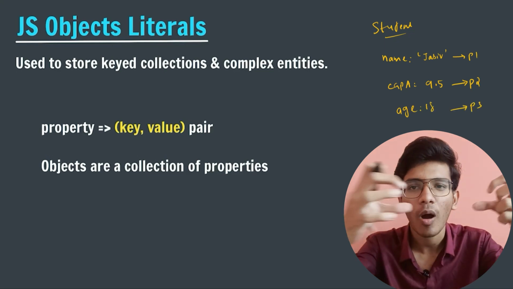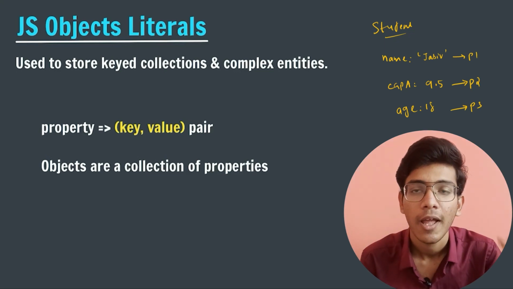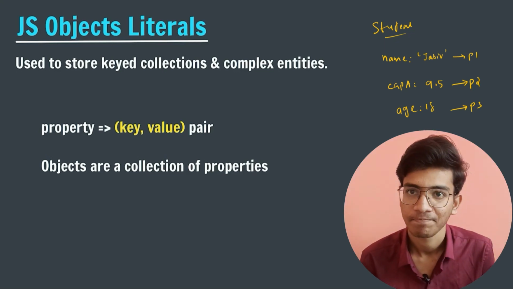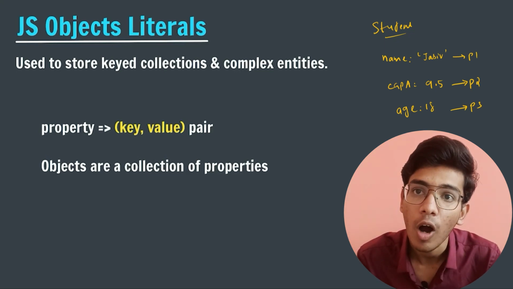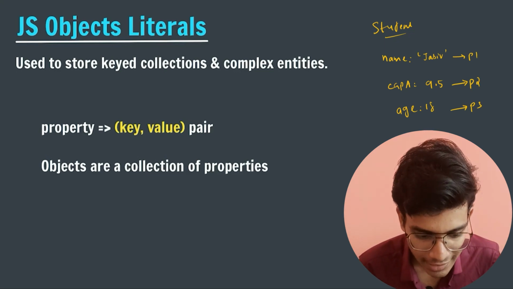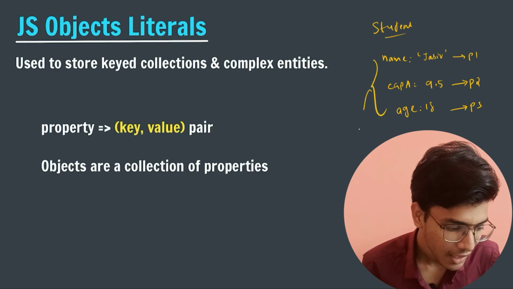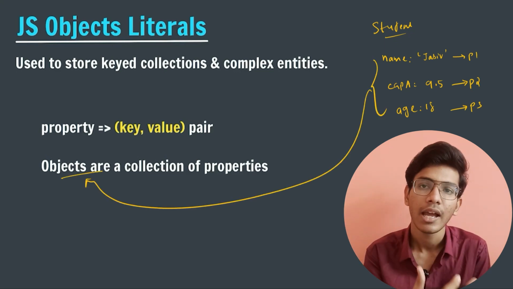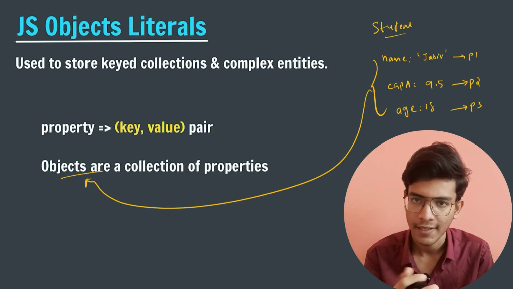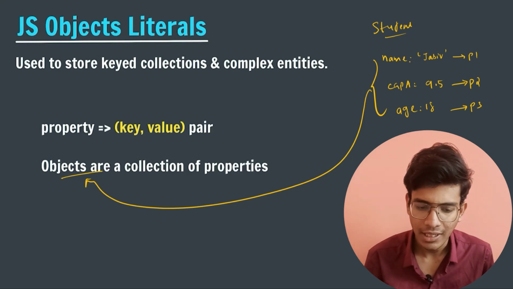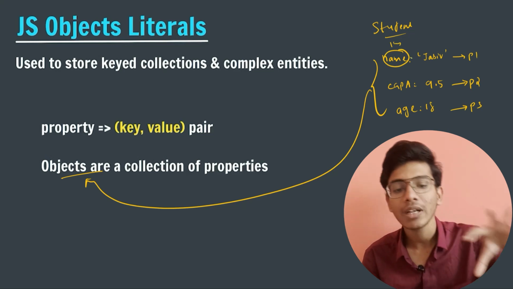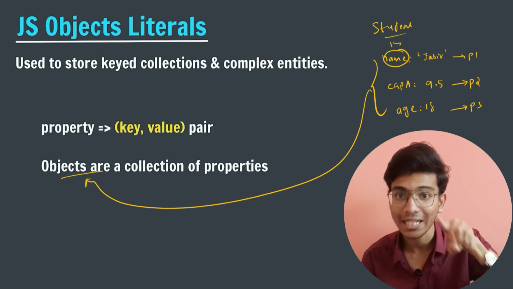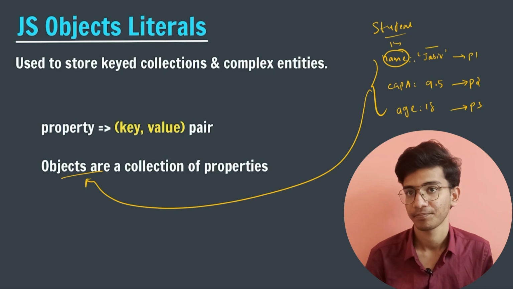Now combining all these properties, we call it an object. We demonstrate these different things in the form of an object, and we will see how we can write an object in a few minutes. But you can observe here that name is the key and the corresponding value to this particular key is Jabir.